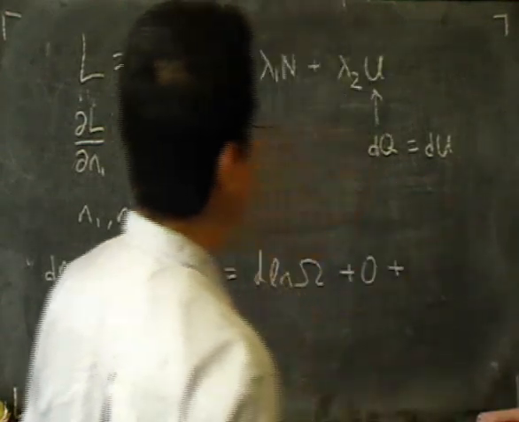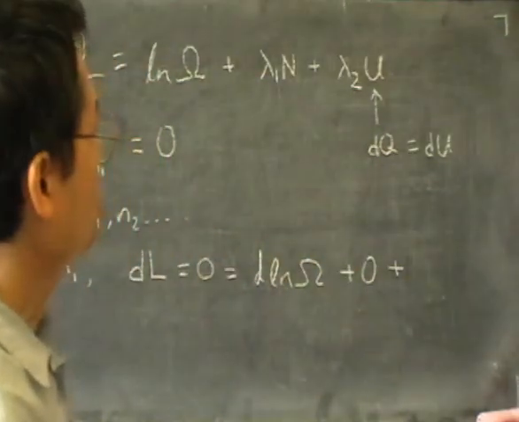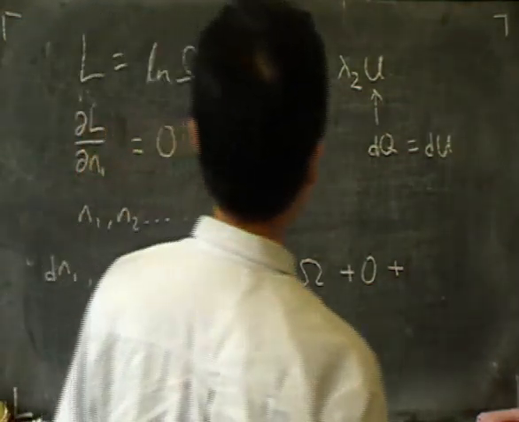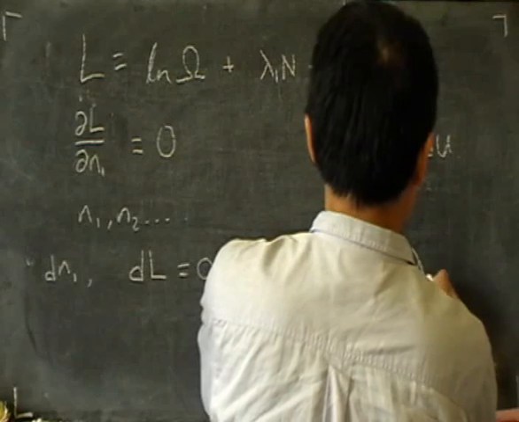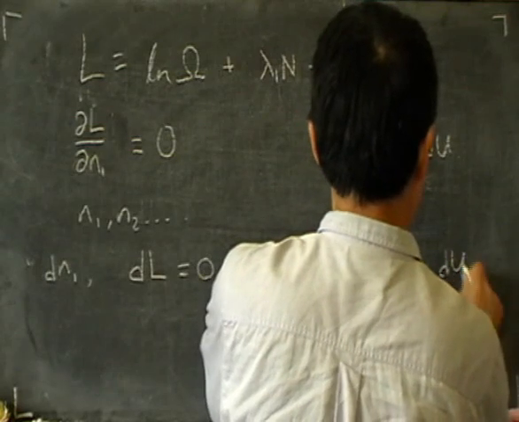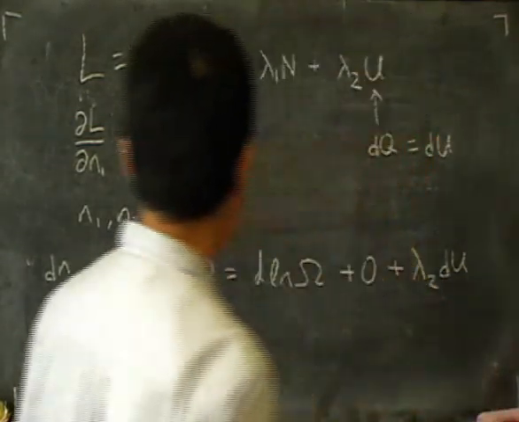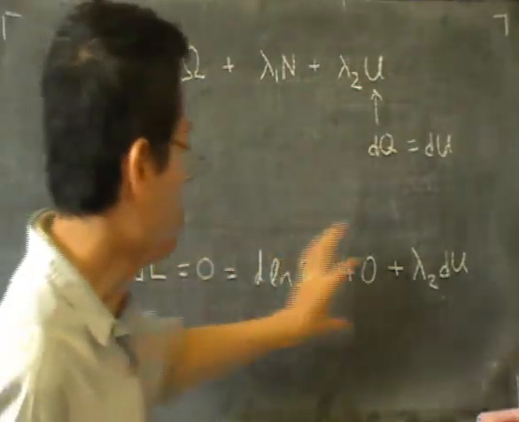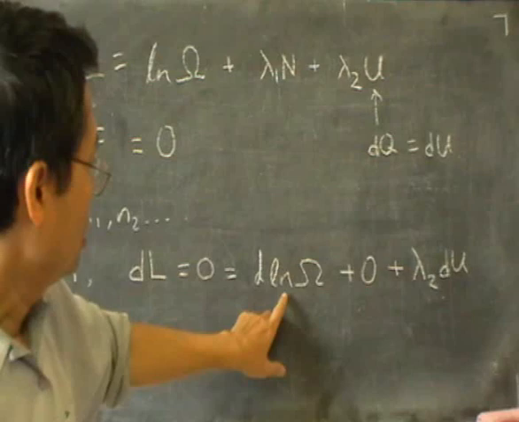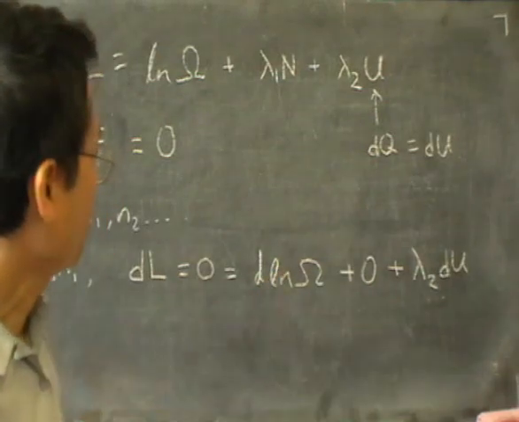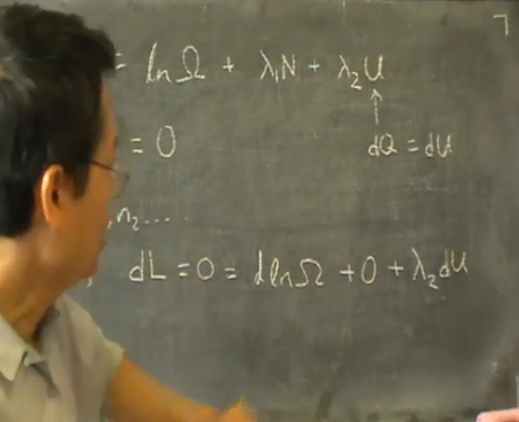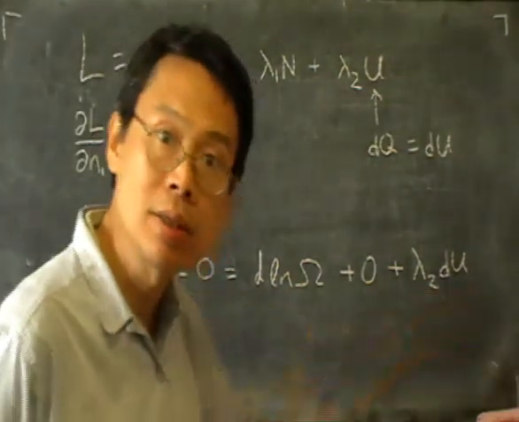And the dU, the U changes a little bit. Right. I would call that lambda 2 dU. So this is what I would get. I would have an expression that relates the change in entropy or log of the entropy to the heat that is put in.